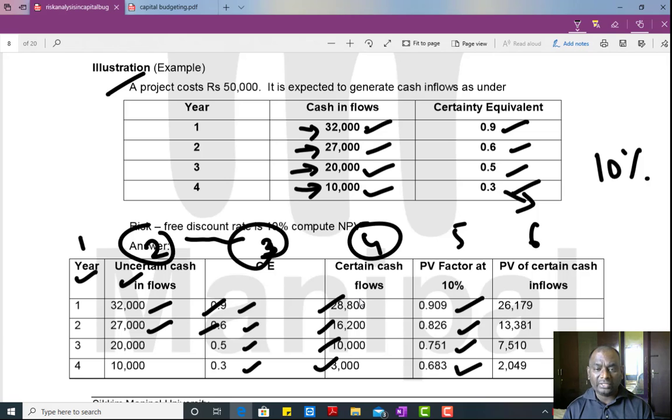Now you take this certainty cash flow and multiply with the PV factor, then you will get the present value of certain cash inflows. So 28,800 into 0.909, 26,179. 16,200 into 0.826, 13,381. 10,000 into 0.751, 7,510. 3,000 into 0.683, 2,049.